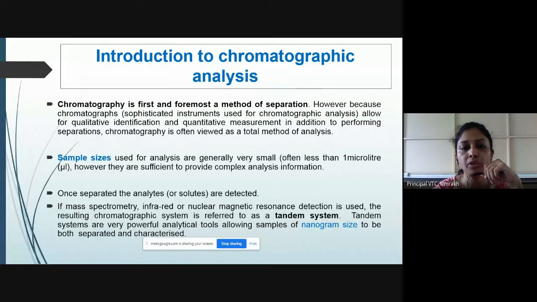Why do we need to couple LC with mass spectrometry? Because this gives us the advantage that even if our sample is present in nanogram size, a very small sample, we can still analyze it properly. It will be separated and characterized.